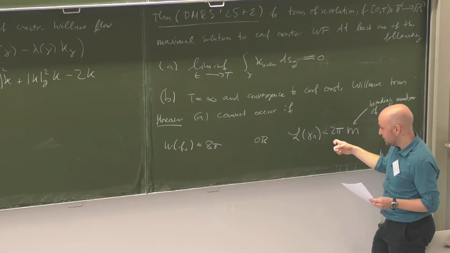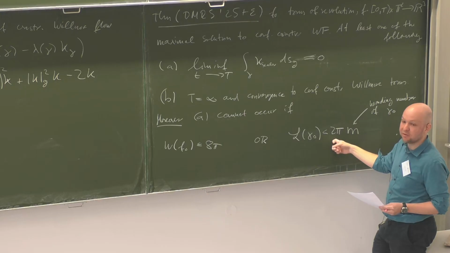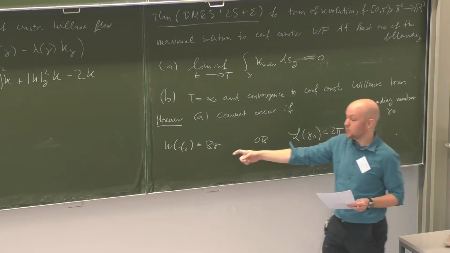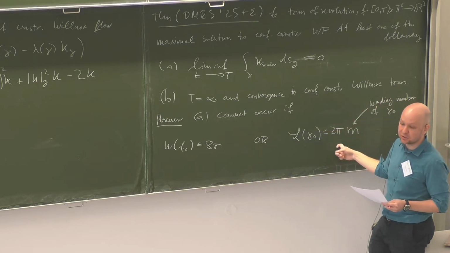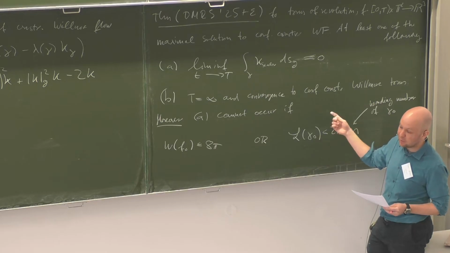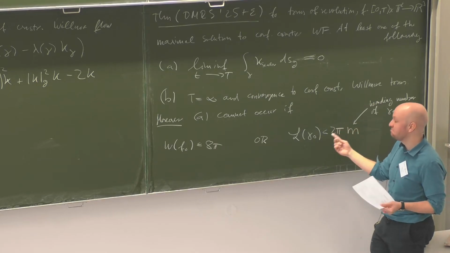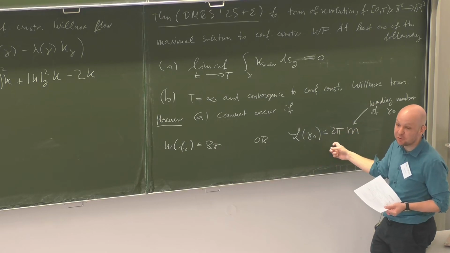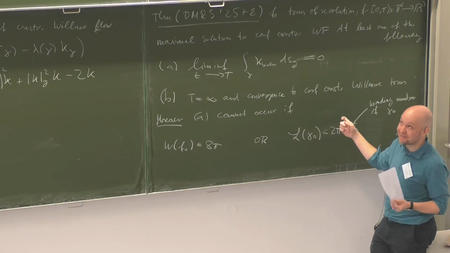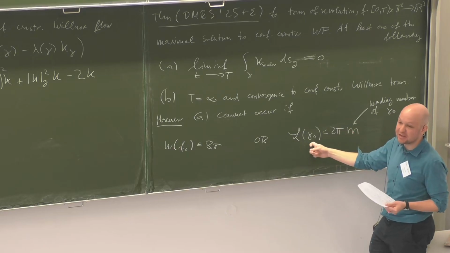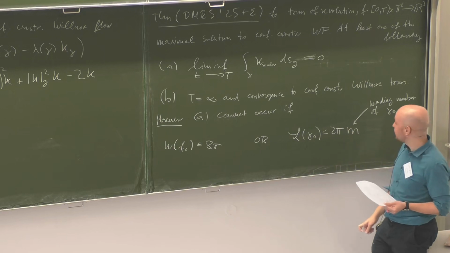In particular, this condition does not involve any energy control of the initial datum. We can find initial data with arbitrarily high Willmore energy, which still satisfy this condition. The 8 pi can be removed in this context. Not completely, we have a substitute, but it's Willmore energy independent. There's still the length and the winding number involved.